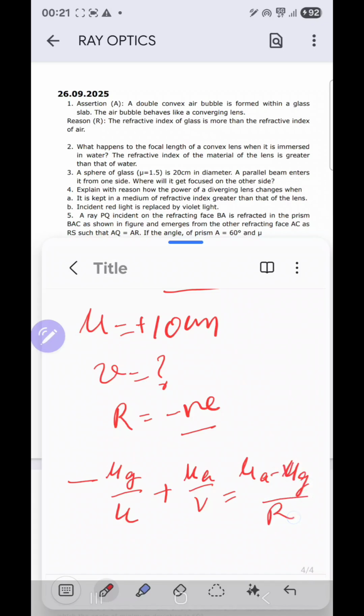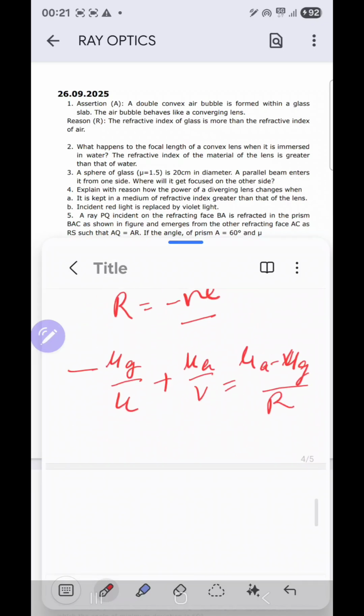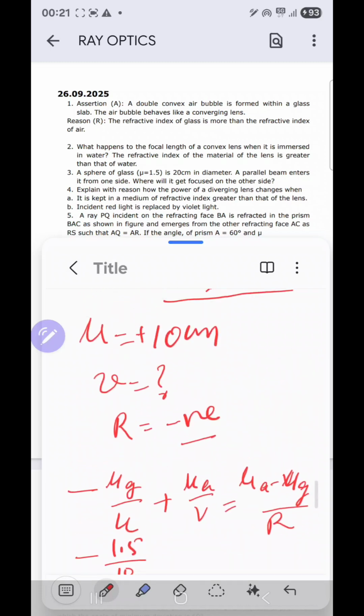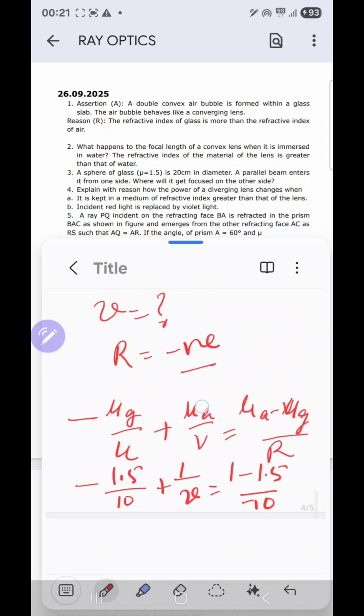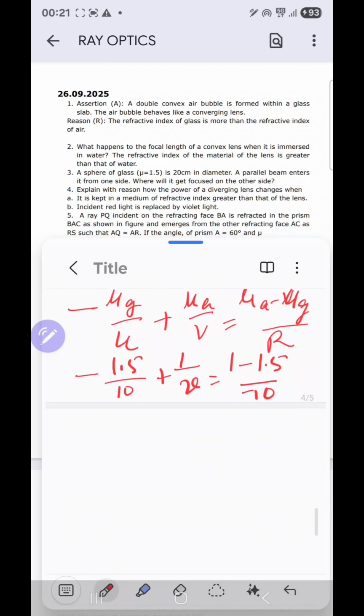glass over r. So substituting the values, it would be minus 1.5 over u, here u is 10, we have written u as 10, and v we have to find, mu air is 1 over v, mu air is 1 minus 1.5 over r, r here is minus 10, negative 10.